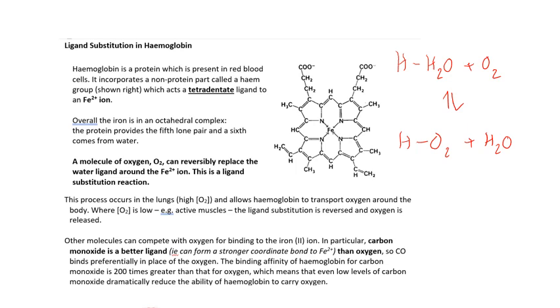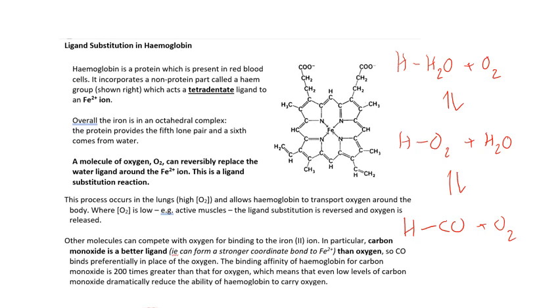The other related issue to that is that carbon monoxide can also compete with oxygen or water for that binding position. And the problem with carbon monoxide is that it's much better as a ligand than either oxygen or water, forms stronger dative covalent bonds. So what can happen then is that you have another binding equilibrium where you can form hemoglobin bonded to carbon monoxide, plus I guess O2 it would be kicking out in this case, and that is very stable.